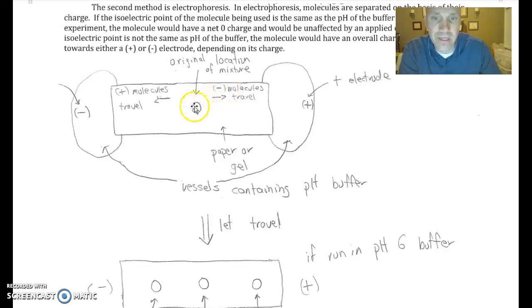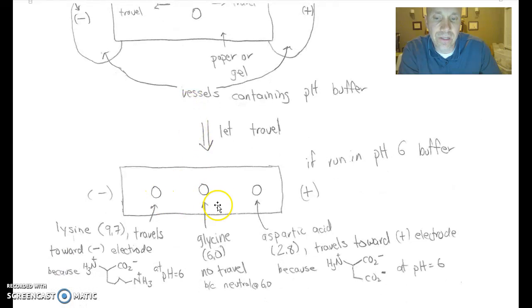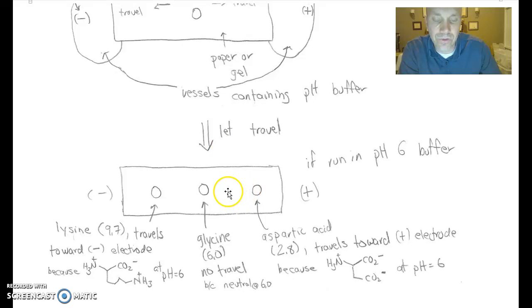All molecules that have a negative charge are going to travel in this direction, and the positive molecules in the other direction. Once things are done traveling, you turn off your current and take away your paper, and you might have something like this.